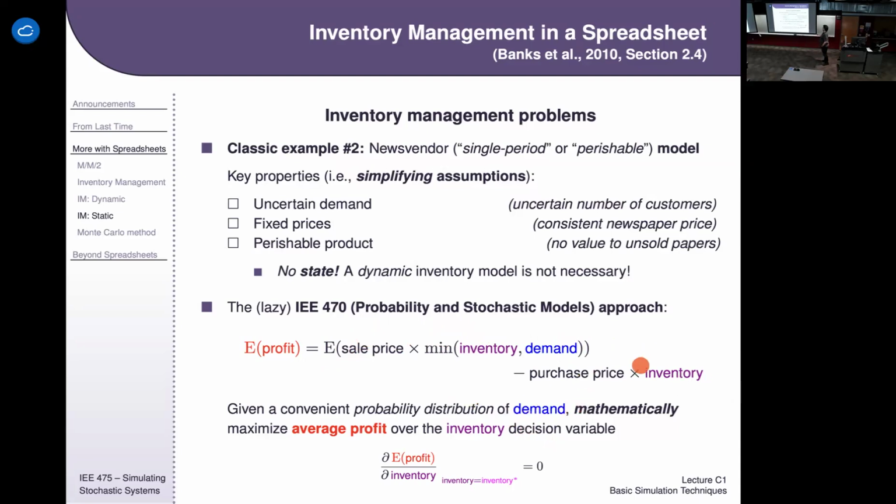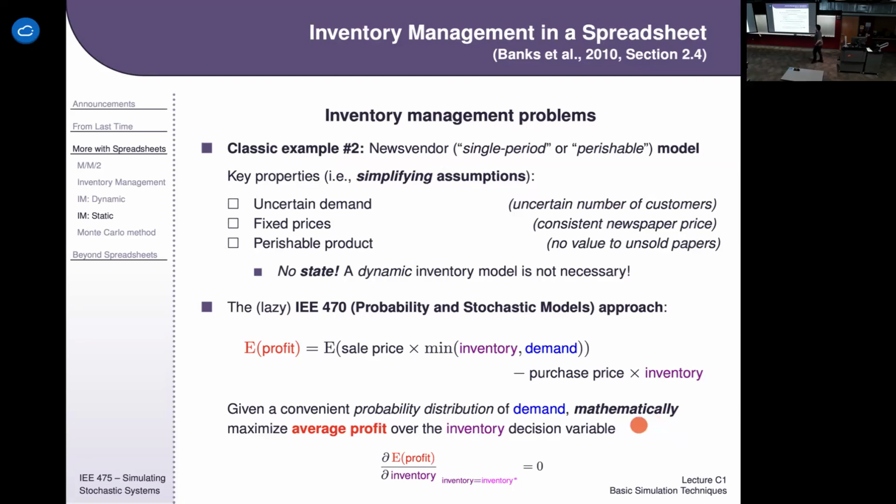And then the cost: how much did I pay for my inventory? If I bought 100 newspapers, then it's 100 newspapers times whatever the publisher charged me to buy those 100 newspapers to put in my bag. That subtracts off from the gross revenue I got. So revenue minus cost gives me my profit.